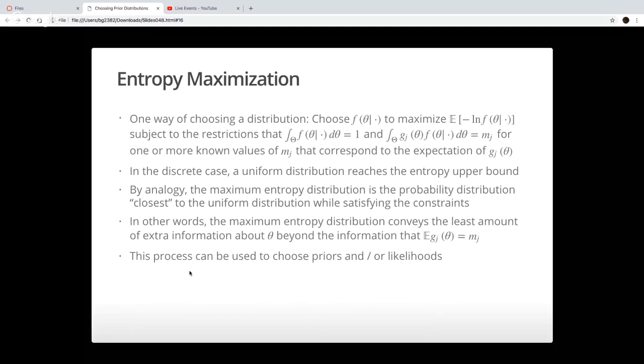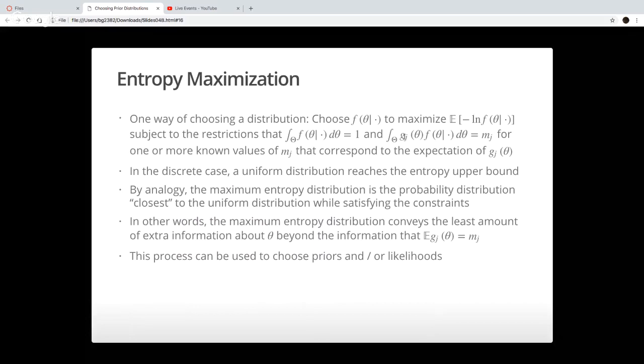So if you specify these m values as to what the expectation of the g function should be, then those restrictions imply what form f has to take.